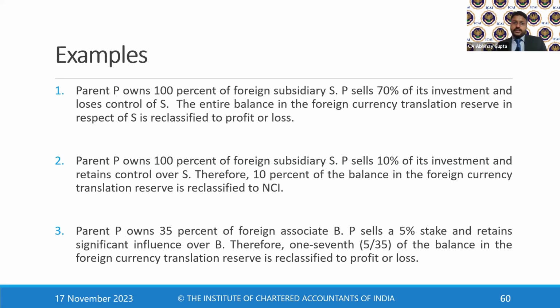Let's do quick examples to understand the concept. Parent P owns 100% of the foreign subsidiary S. P sells 70% of its investment. Now, is it a loss of control or not? It is not losing control, right? Now, where will this fall?